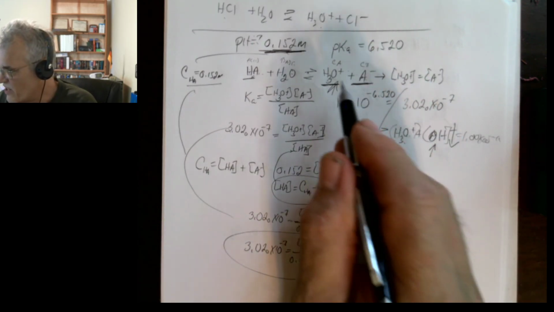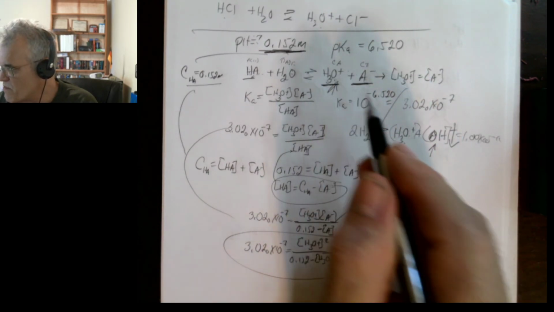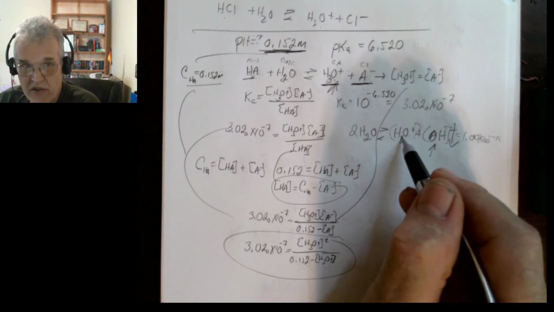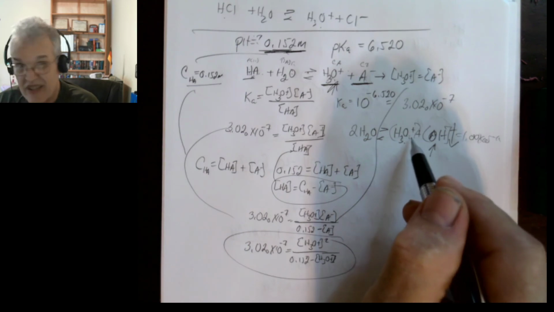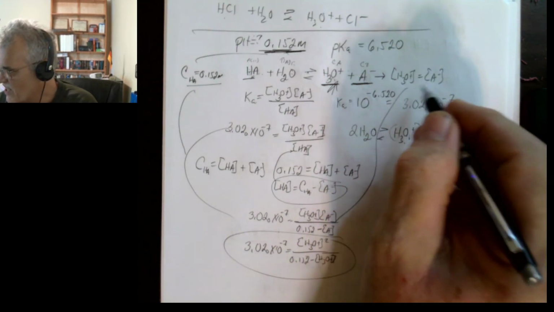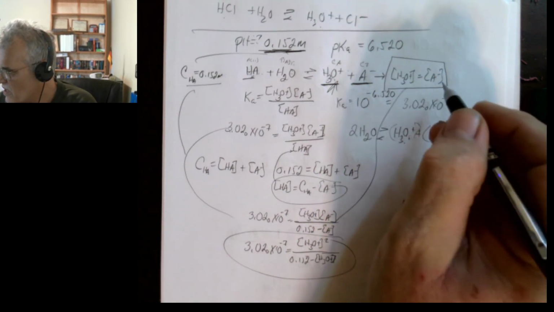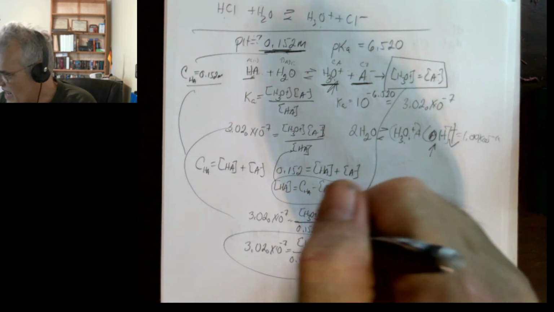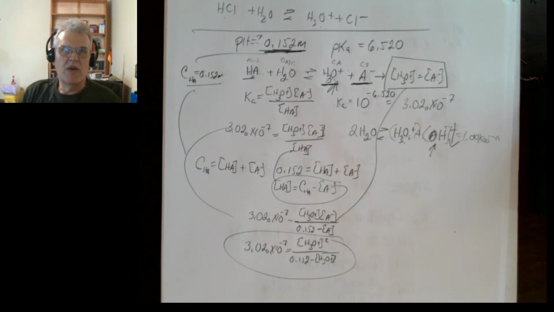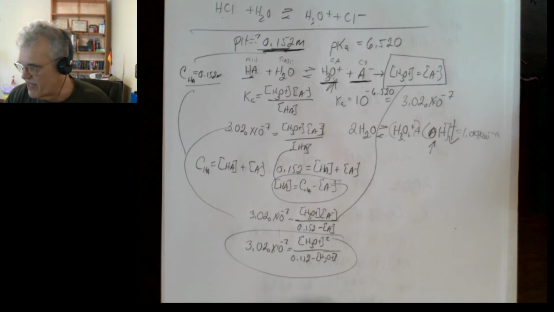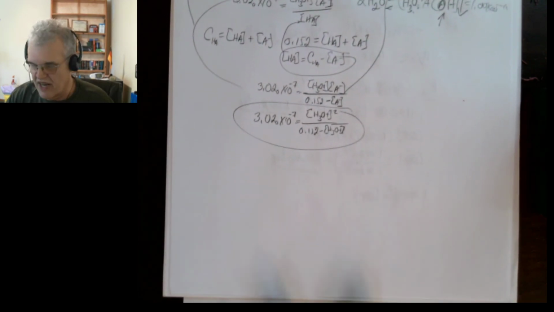Therefore, I can say the hydroniums that come from the acid are much, much, much greater than the hydroniums from the self-ionization of water, especially because this is an acid suppressing this. Then I can say hydroniums equal A-, and I can end up with my quadratic equation. So that ought to work. I mean, that's a good simplification, and it's a very, very strong simplification.